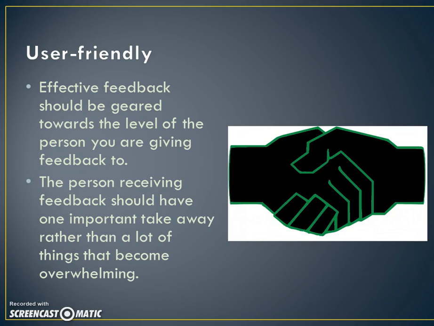It's really important to take into account the person receiving feedback and give them feedback on their level. Wiggins also talks about keeping it to one or very few important takeaways rather than throwing a ton of things at someone and hoping they just use one or two of them. So one goal is usually a good outcome.